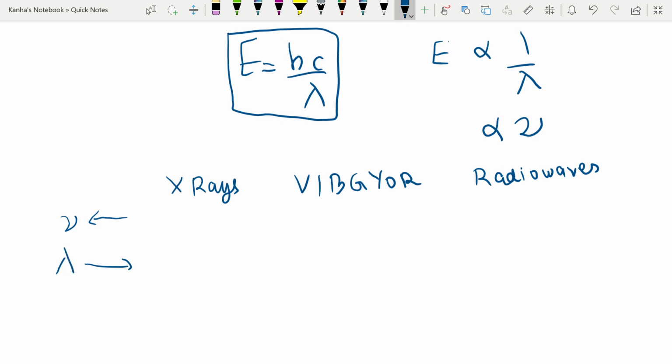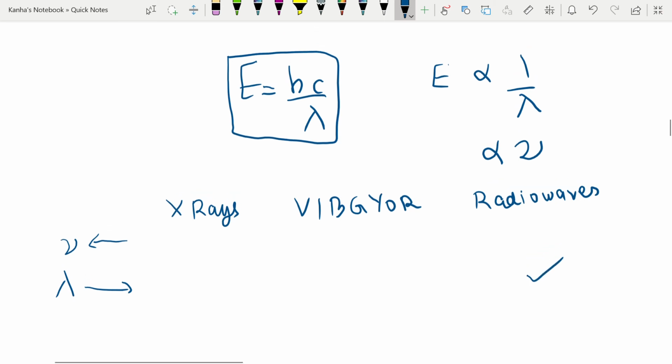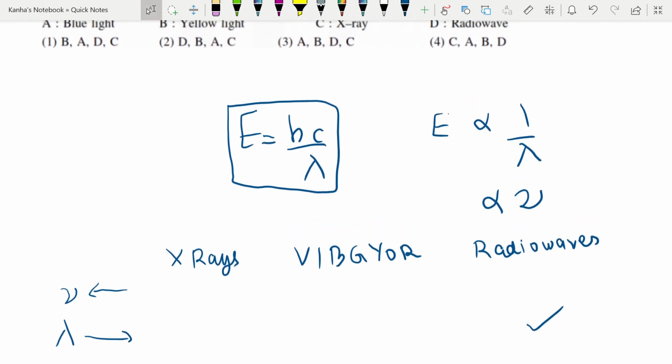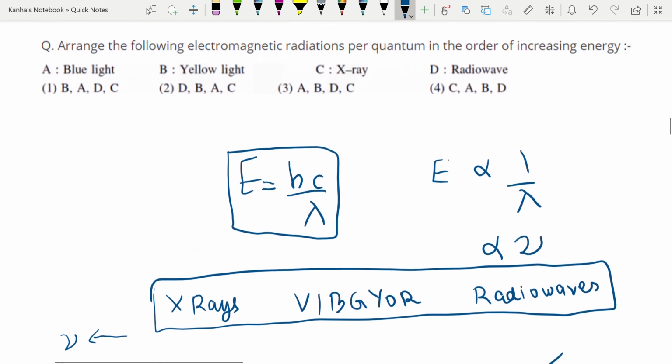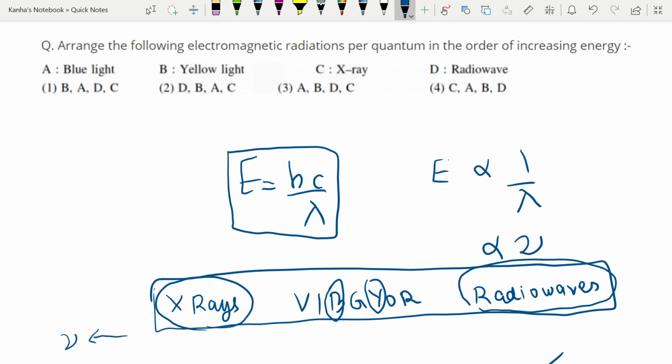So X-rays have the least wavelength, and radio waves have the most wavelength out of these four. Using this, I can easily see that I have to compare blue light, yellow light, X-ray and radio wave. So blue is here, yellow is here, X-ray is somewhere over here, and radio waves are somewhere over here.